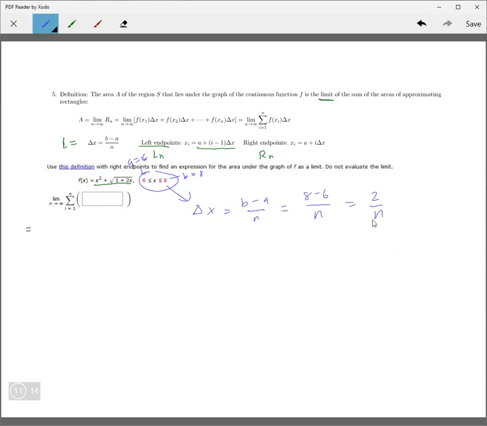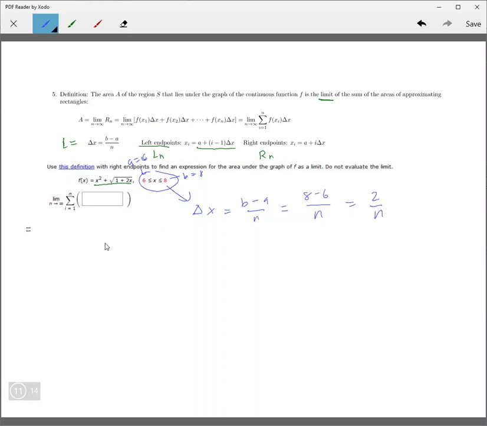That's your delta x. Another way to look at it is, what's the length of this interval? It's 2. So your subrectangles are going to have length 2 over n, if you want to have n of them.